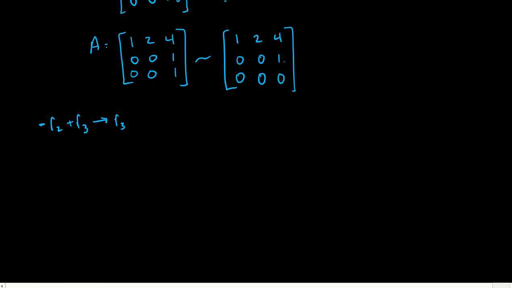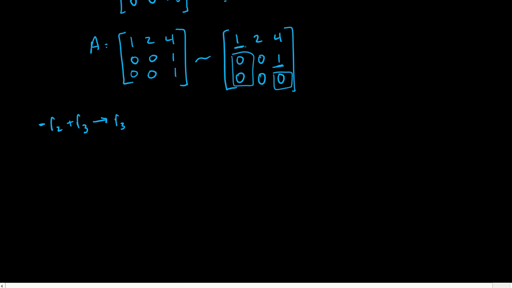And now you can see we are in echelon form, because we have leading entries with zeros beneath them right here and right here, and each leading entry in one row, in one column, is above leading entries in a column to the right of it, right?